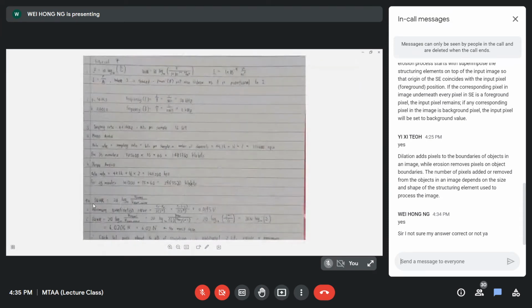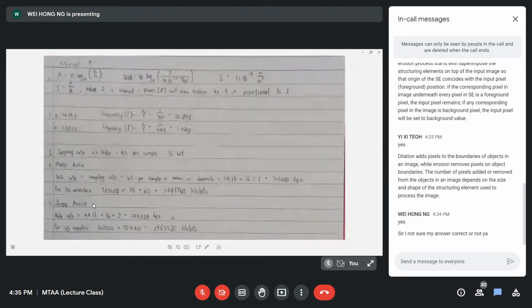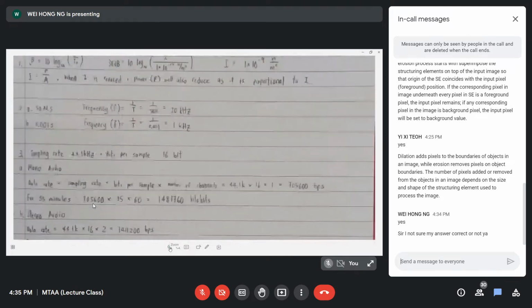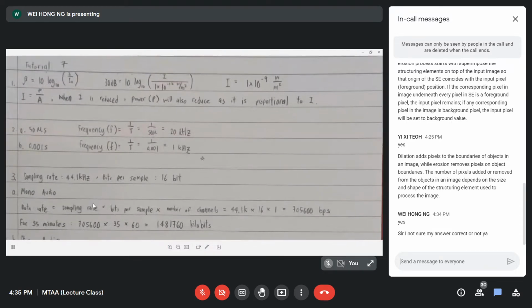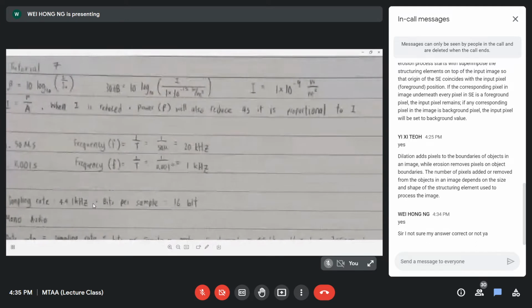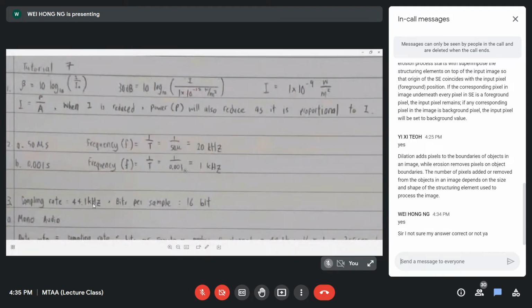Would you mind zooming in? Okay. One moment, let me grab the answer for question one. So I, when I equals P divided by A, I will be reduced in proportion to I. Okay, so your answer for I is 1 multiplied by 10 to the power of negative 9, is it?